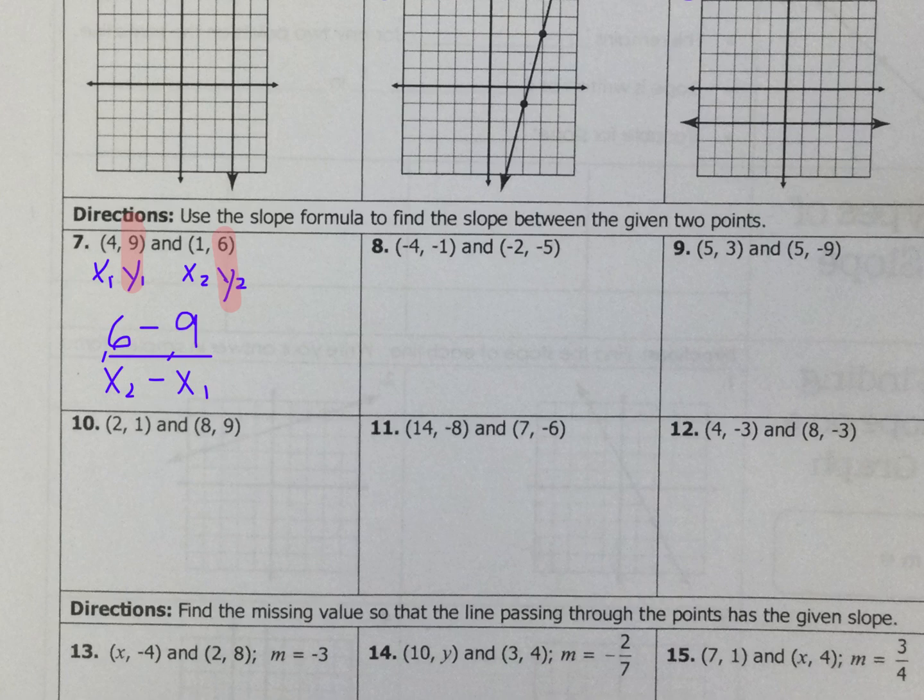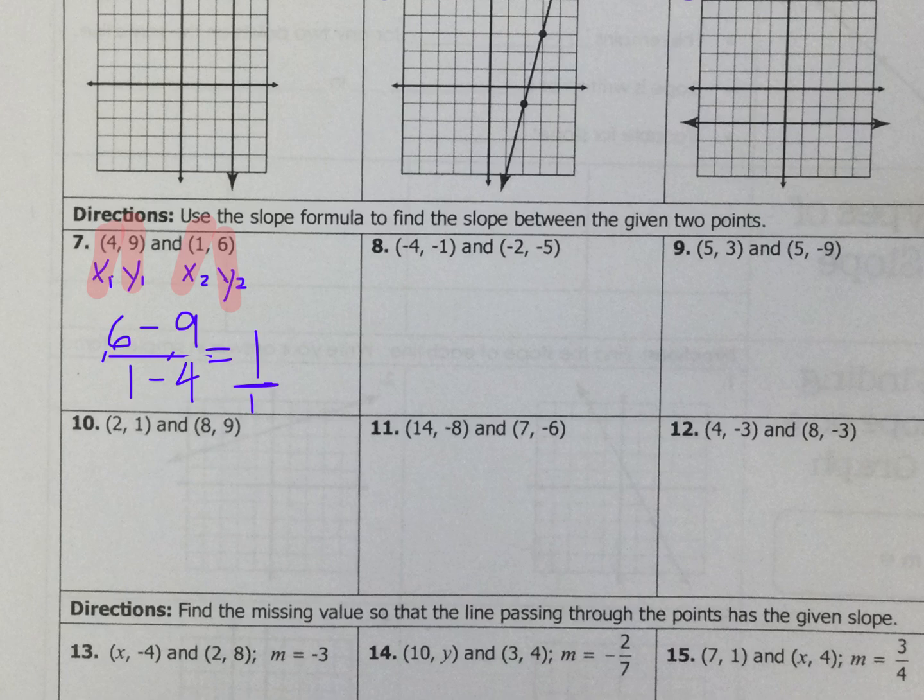I'm going to erase the x2. When I look right here, it's a 1. I'm going to erase the x1. When I look right here, it's a 4. So I'm going to type in my calculator 6 minus 9 over 1 minus 4. When you type that in your calculator, you should get a 1. So if you were rising and running, it'd really be 1 over 1.